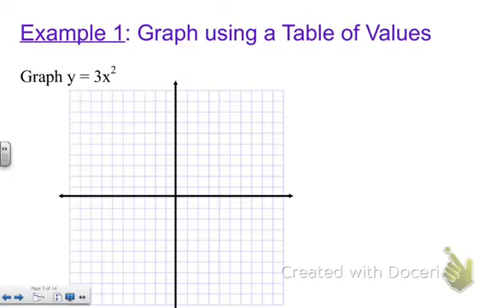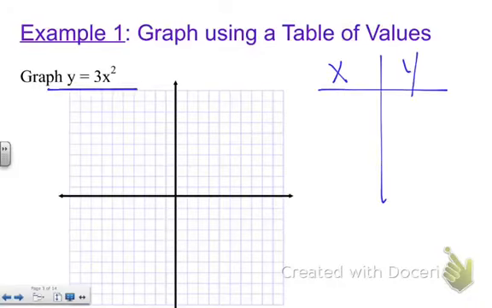Okay, so to graph a quadratic function, we can use a table of values, just like we did with linear functions. So the most common ones to do, especially with something more basic, it's like the main 5 points that you'll see people choose.